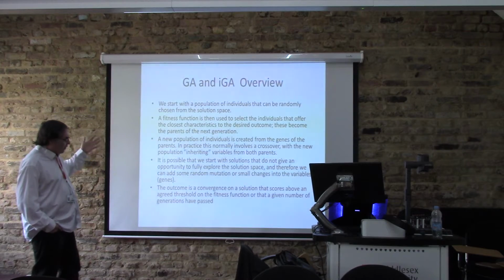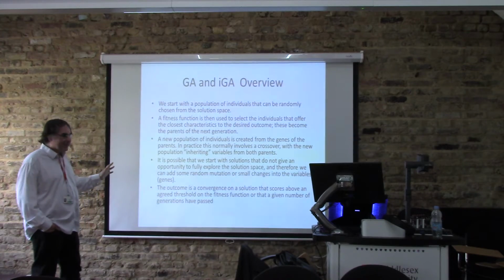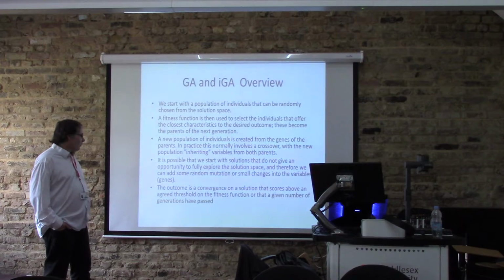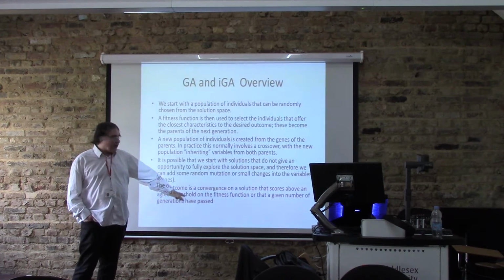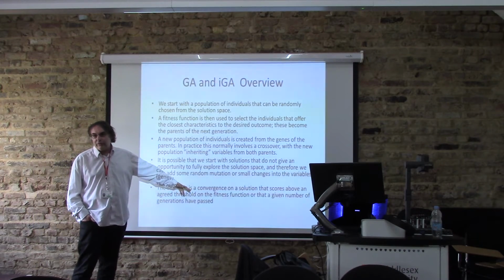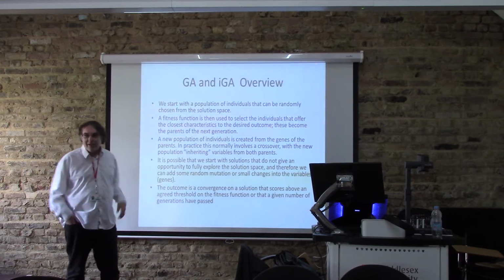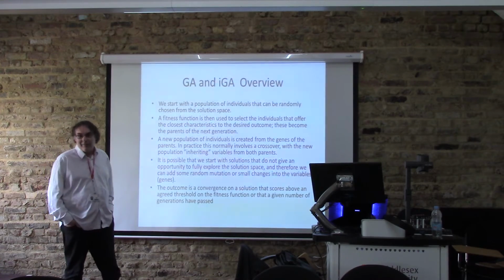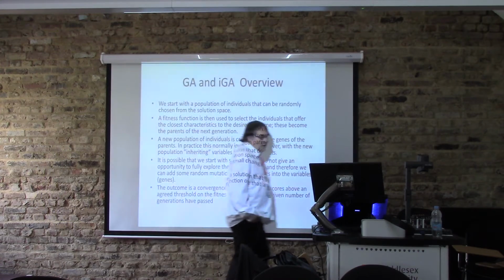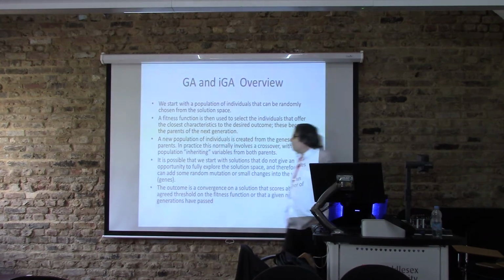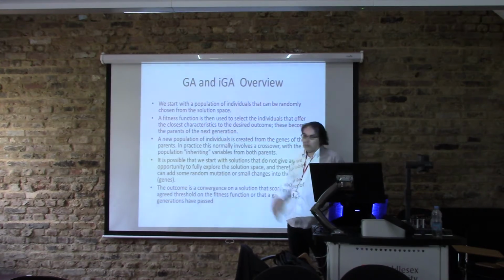Hopefully you get a convergence on a solution that scores above an agreed threshold in the fitness function, in other words fit for purpose, or you've gone through enough generations to say this is as good as we're going to get. This is quite a reasonable way of doing things. It works well for certain types of problems and not for others.